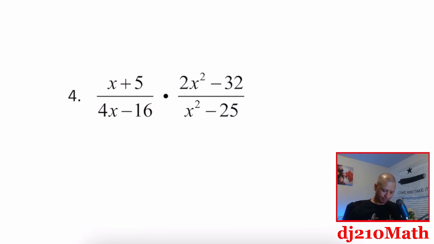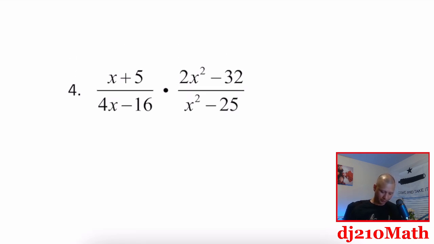Okay. Here we have number 4. So again, we're going to simplify this the best we can by factoring. Top left, x plus 5, nothing we could do. Bottom left, 4x minus 16, I could just factor out a 4. This leaves behind x minus 4. Top right, I'm going to take out a 2, because 2 and 32.